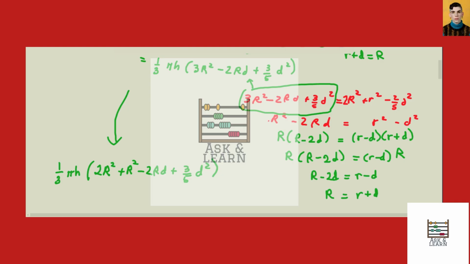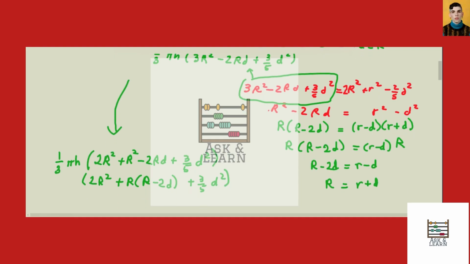All right, so now I'm going to go back here. I'm going to factor the big R out of the middle here. I'm not going to write the 1/3 pi h anymore. Okay, so I got the 2r squared plus big R times big R minus 2D plus 3/5 D squared.